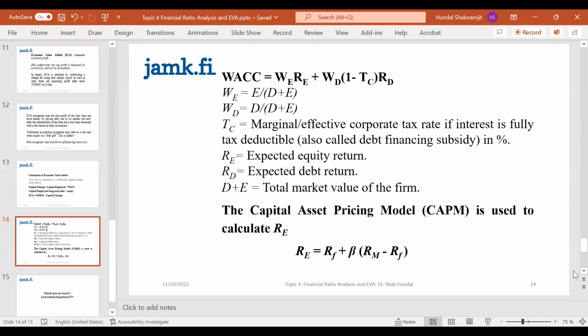And then, what else do we have? Well, we have the cost of debt, and we have the cost of equity. The cost of equity, RE, is calculated by the capital asset pricing model. I hope you are aware of what the capital asset pricing model is.